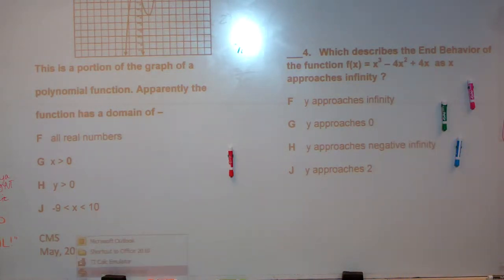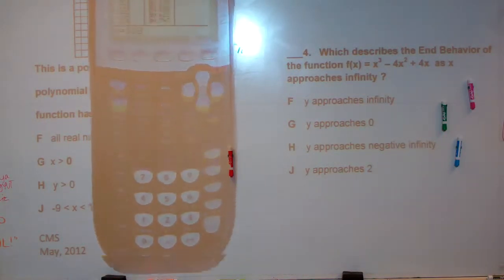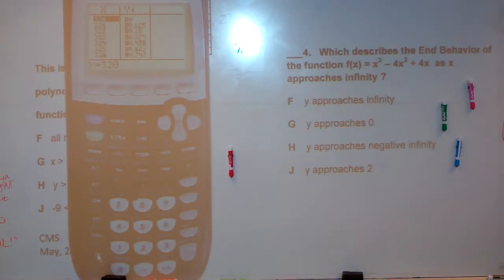Let me start my calculator up again. All right, so here we have it. Let me put in y equals, clear out what we had, x to the 3rd minus 4x squared plus 4x.